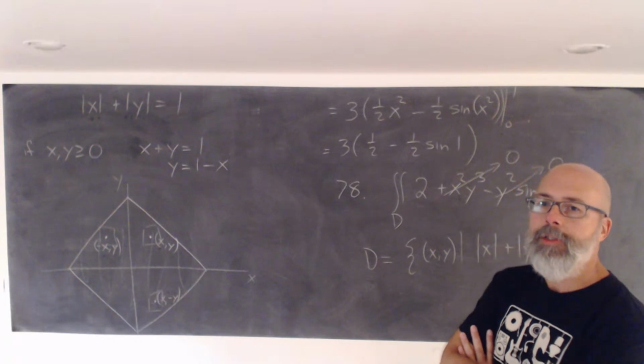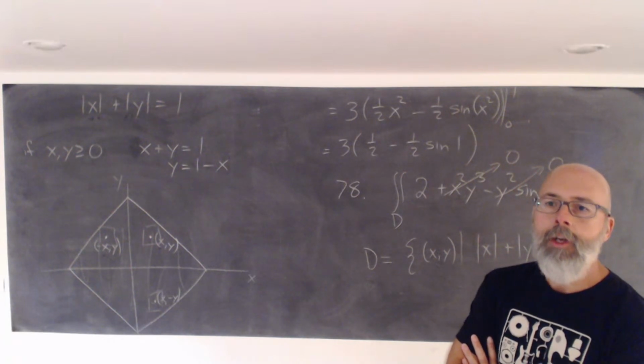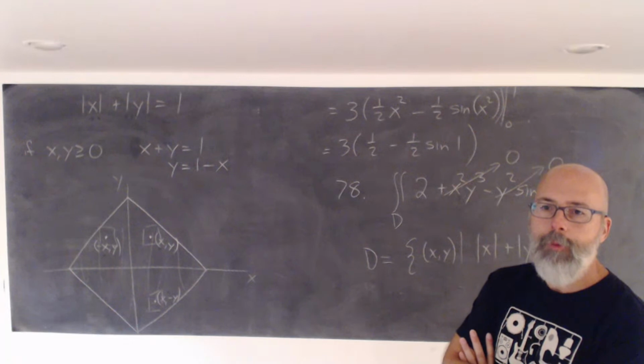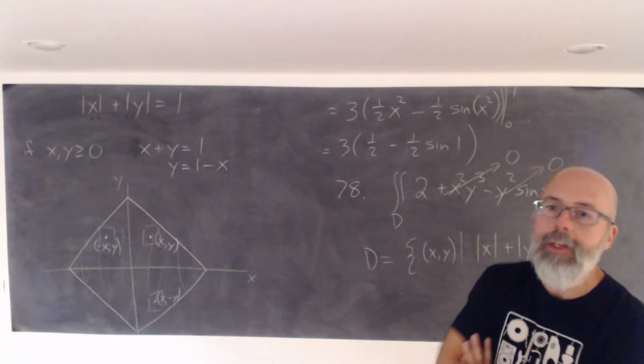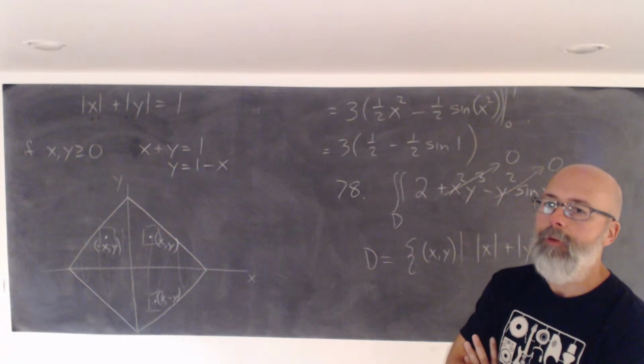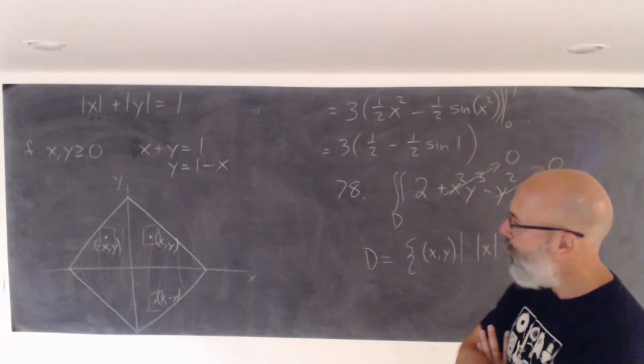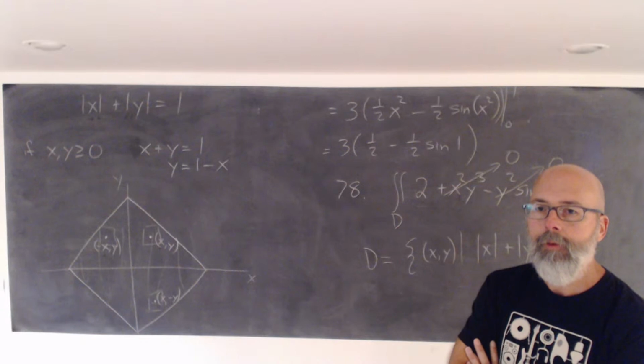So Kuhn is suggesting to cancel, 2 conditions have to be met, symmetry and odd integrand. That's exactly it. Absolutely. This will allow you to cancel out.